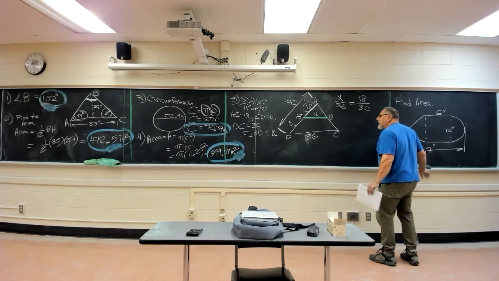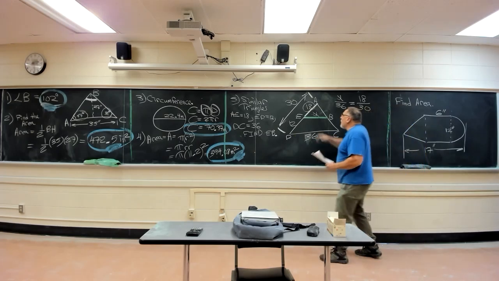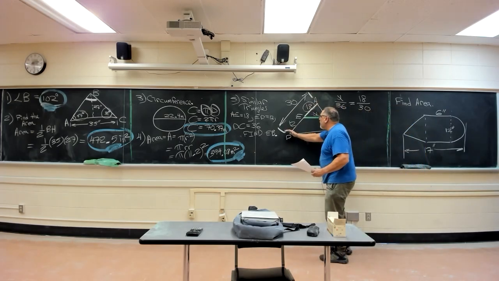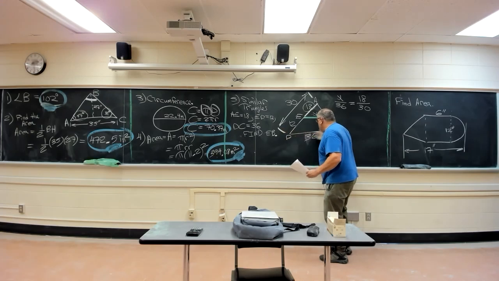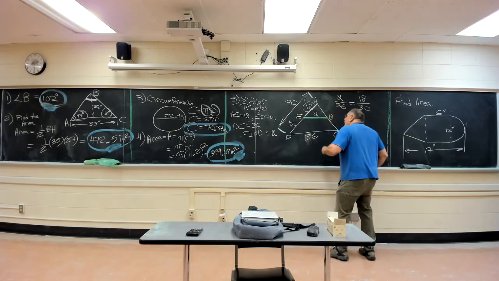There's a number of ways you could go with this, and they're all going to work. We basically looked at the really long length of the real big triangle, and that's 30. And the really long length here, also of the same really big triangle, that's 36.